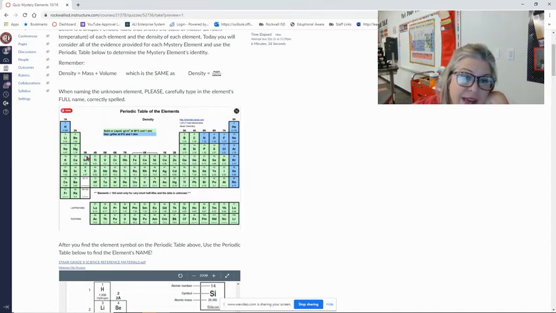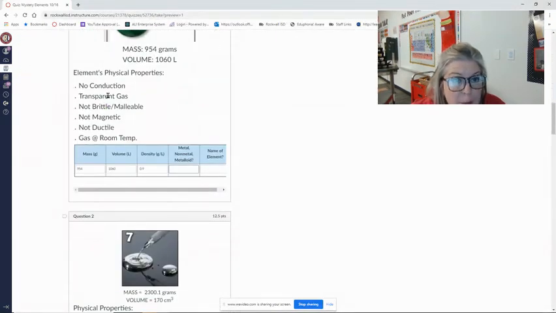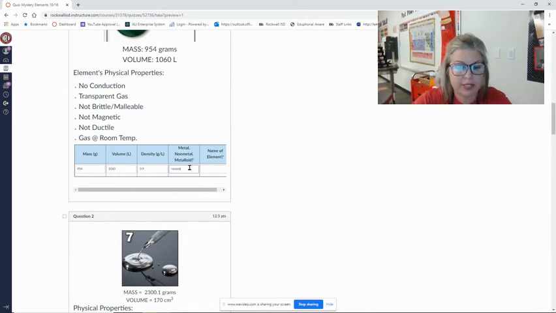And it's not going to be a metal. It's not going to be found on the left-hand side because all of those are either a solid or a liquid. So it is over here on the right-hand side of the table. I also know based on those properties, it has to be a non-metal. There's no other choice.